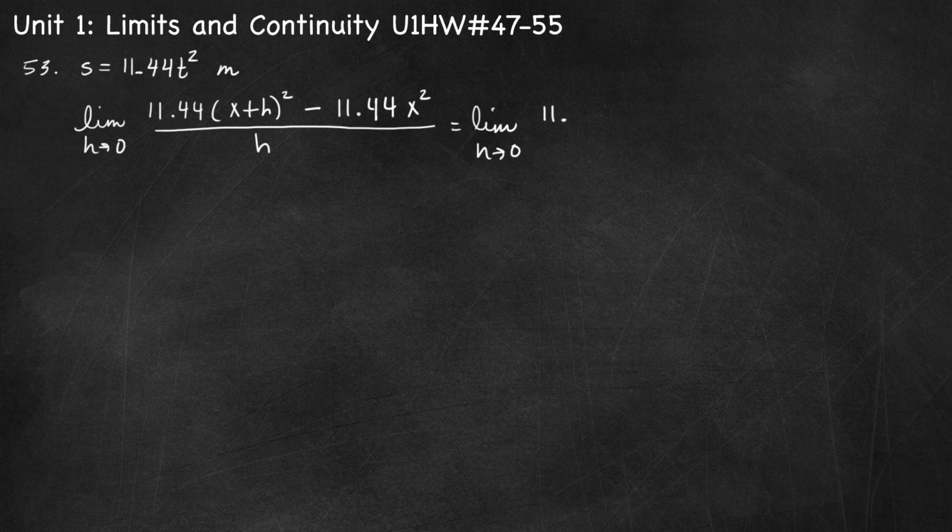So I'm going to simplify this. Now we have 11.44 times x squared plus 2xh plus h squared, minus 11.44 x squared, over h.